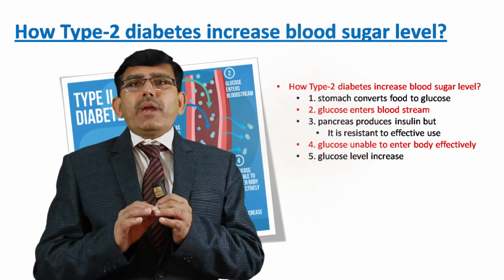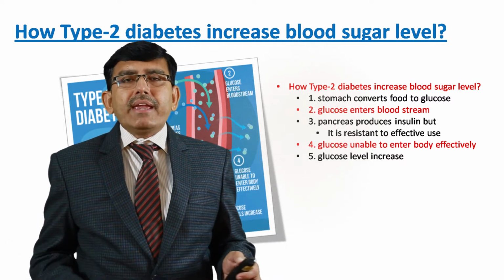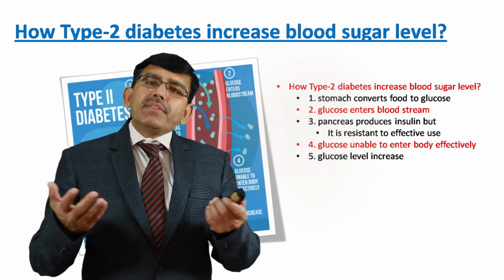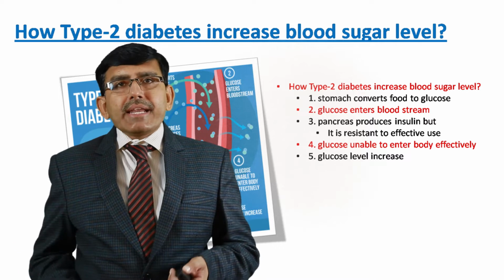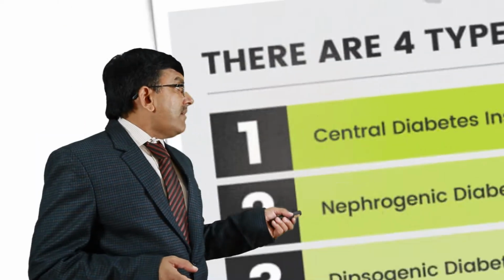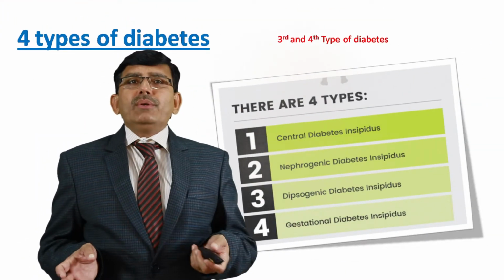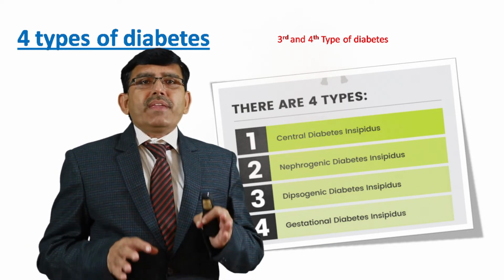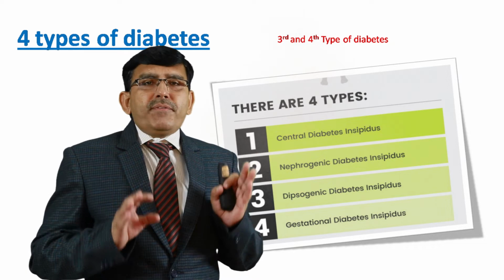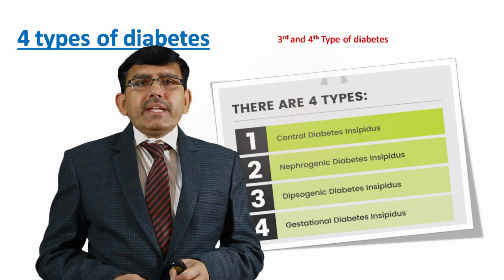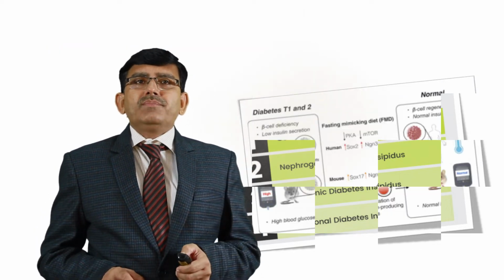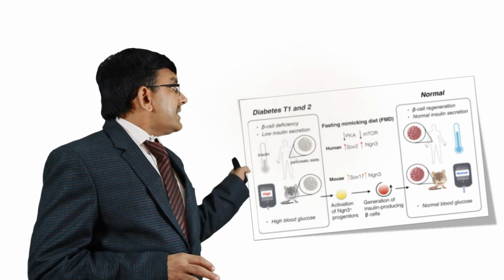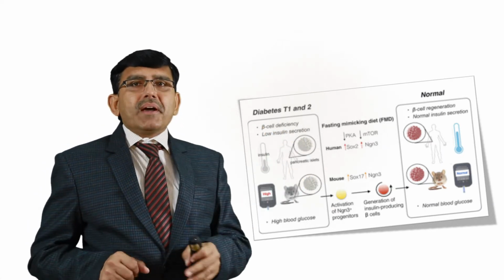Glucose is unable to enter the body effectively, and hence ultimately the glucose level increases. We have other types also, like the 4 different types highlighted here: central, nephrogenic, dipsogenic and gestational.